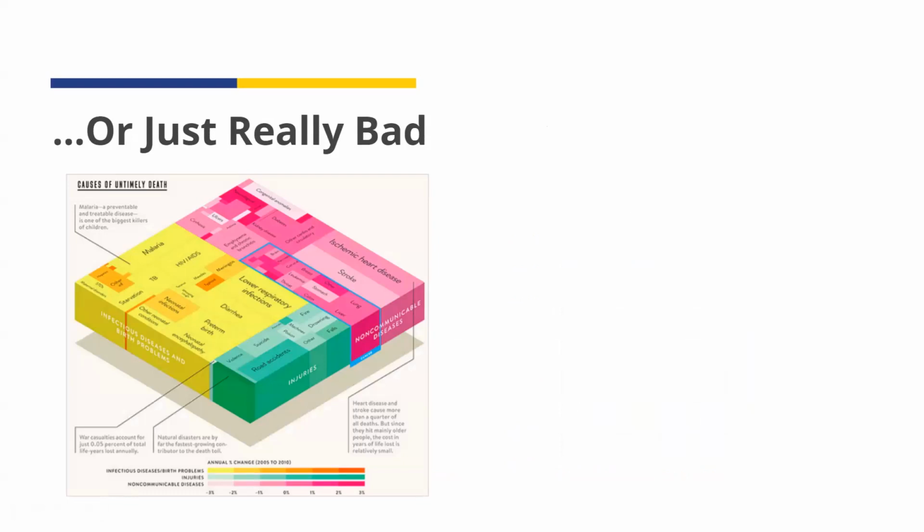Other examples of really bad visualizations are things where there's just a lot of detail, but no clear scaling or anything like that. If you look at the one shown here, you really can't get a sense for what is going on at all. Is this showing proportions of diseases as compared to a whole? Is it showing the most common diseases for a certain demographic?